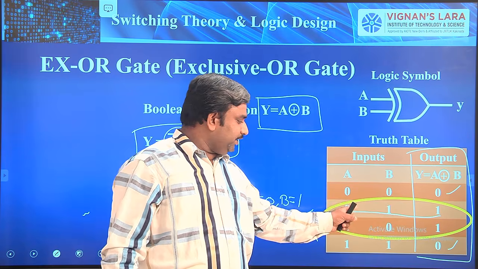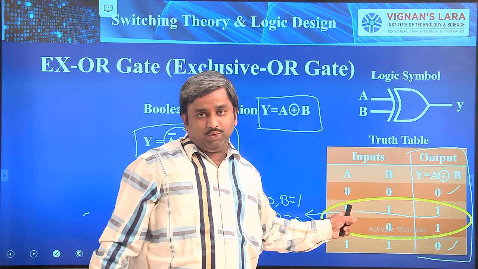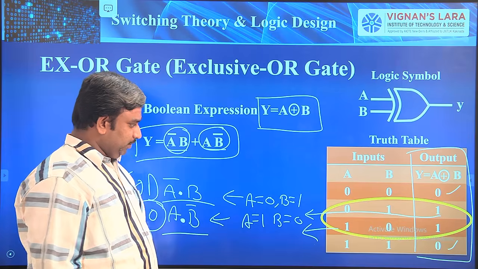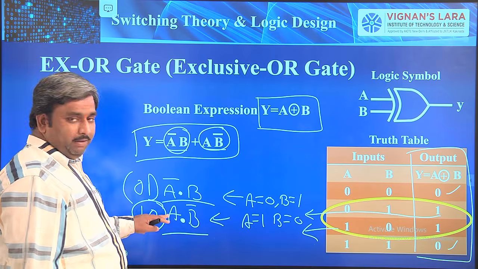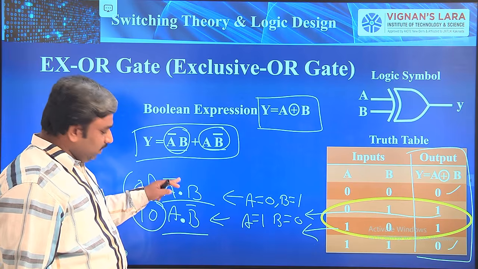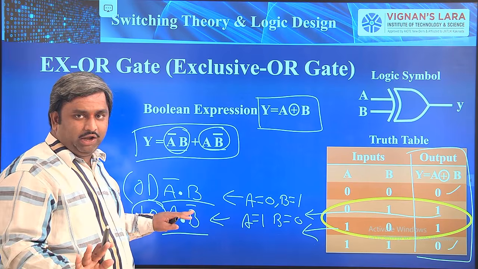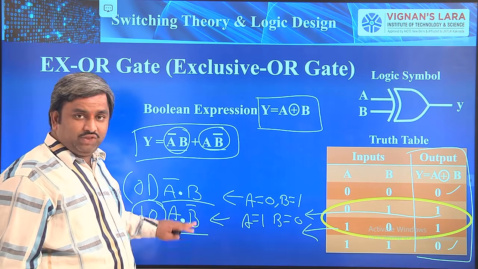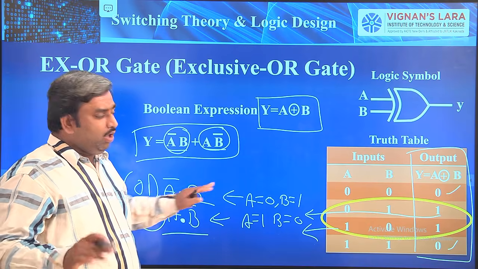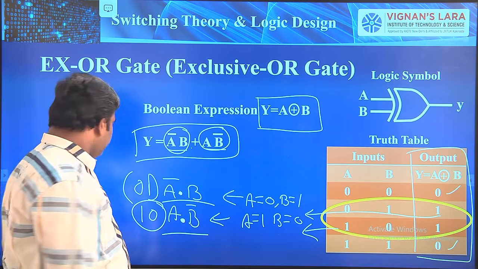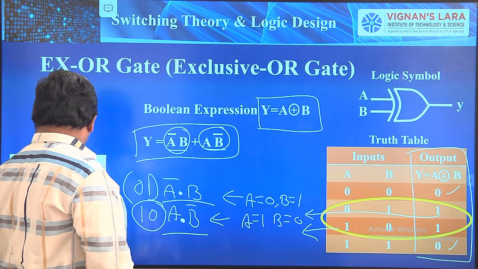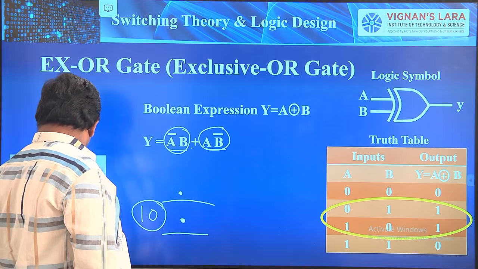So for that reason, in between these two values, I have used the AND operation. This is the first case, A bar B. The second case, A B bar. Any one of these two cases is enough to get the output. If any one of the input combinations is available, the output is equal to 1. So for that reason, I have used a plus operation in between these two. So see here clearly.